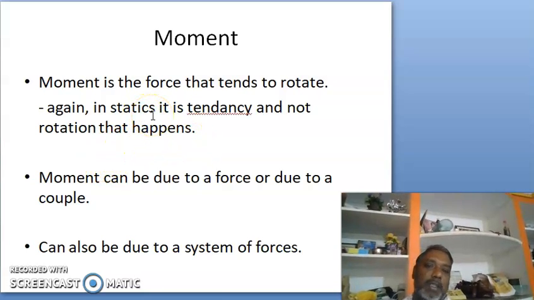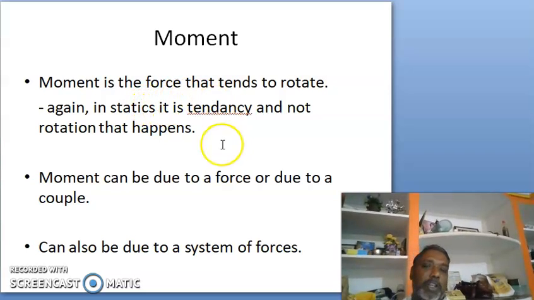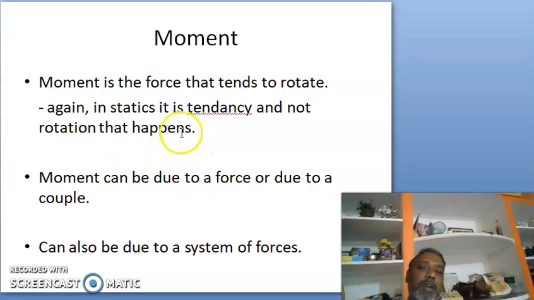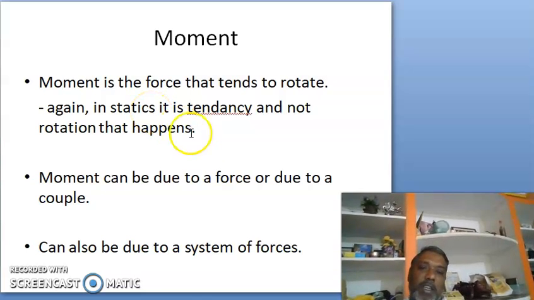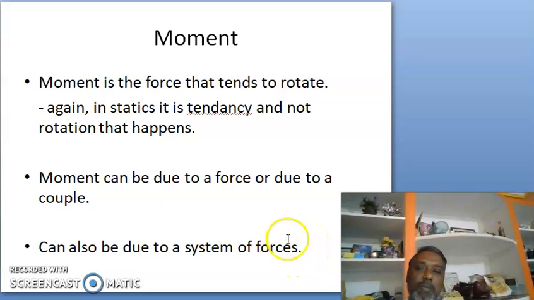In dynamics, because of a moment, rotation would happen, but in statics, we try to rotate with a moment, but the rotation doesn't happen because of certain equilibrium conditions. A moment can be produced due to a force or due to a couple. A moment can be produced due to a system of forces also, that is a number of forces and moments together.